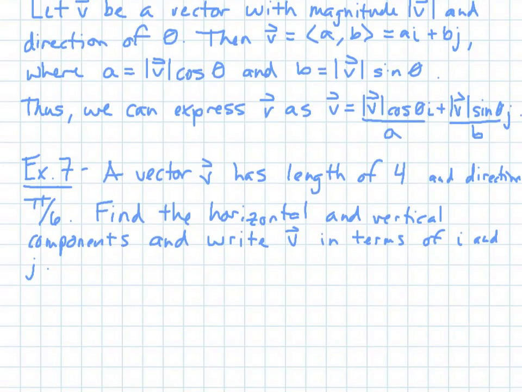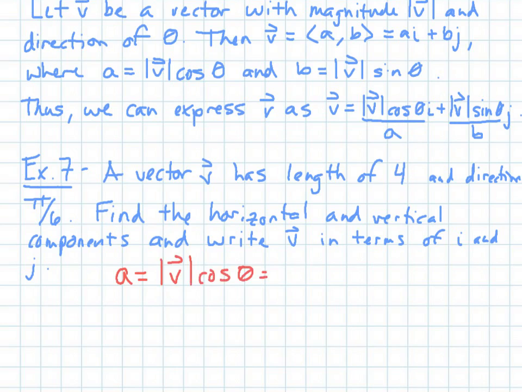Now example 7: vector v has a length of 4 and a direction of pi over 6. I want to find the horizontal and the vertical components and then write those in i and j form. To do that, I need to plug those in. For a, remember it's the magnitude of v times cosine of theta.